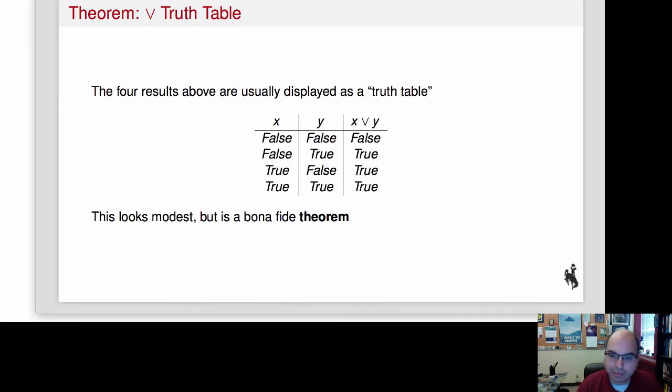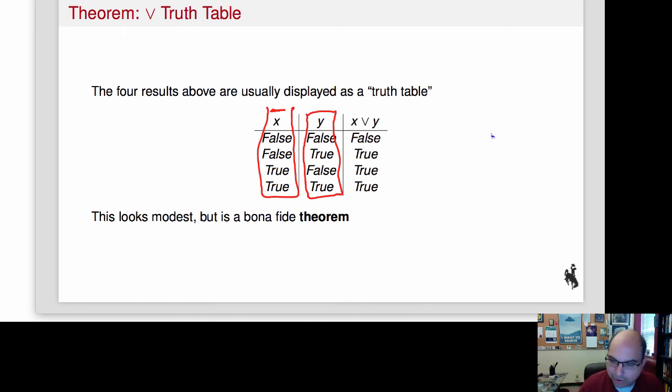This is the common way of writing this, and it's called a truth table. What you have is a column for X, right here, and then a column for Y. These are all the possible values of X and Y together. If you had another proposition, Z, then you would have 3 columns for X, Y, and Z. I like to list them in this order.